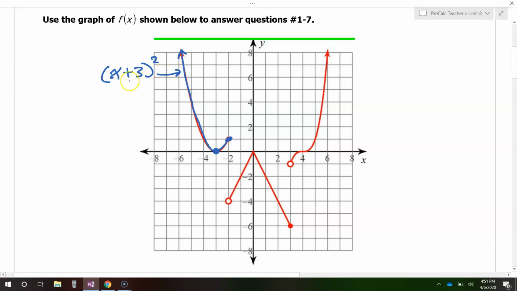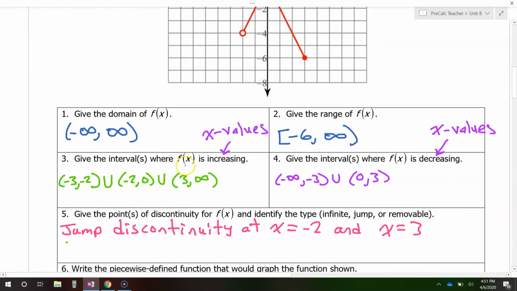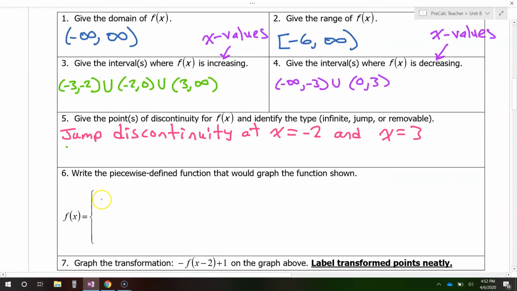This would be a transformation of 3 units to the left. So that's why this is x plus 3 squared instead of just x squared. Okay, so now that I've identified that portion of the function, I can just go ahead and write that down. This is going to be x plus 3 squared.